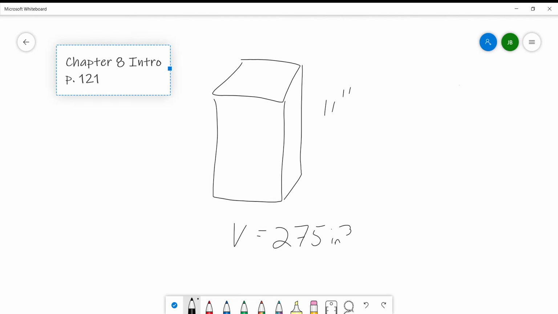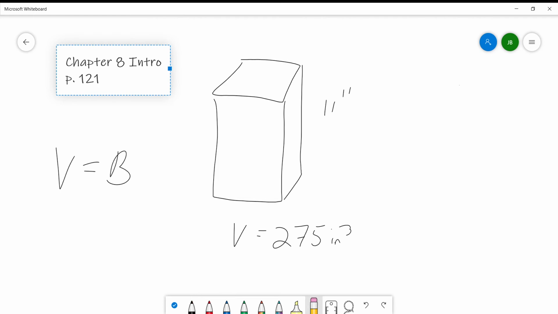So if you follow along, they know the formula is the volume equals base times height. I don't like how they set this up, to be honest.